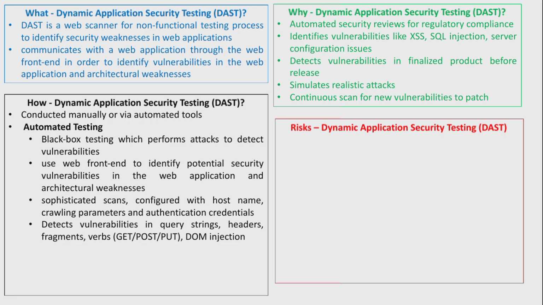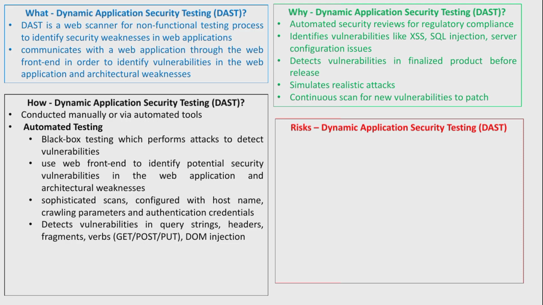So it can detect various vulnerabilities related to query strings, headers, fragments, and other web inputs, for example, GET or POST requests, and certain document object model injection attacks, which are a kind of cross-site scripting attack.